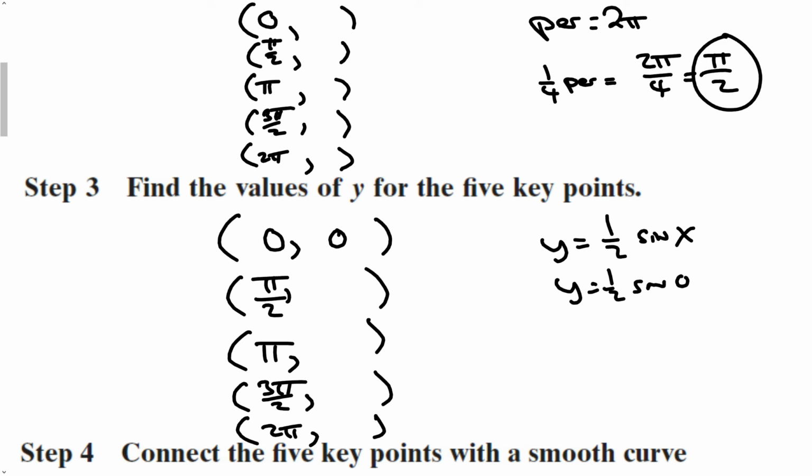Well, now the next number I'm plugging in is pi over 2. The sine of pi over 2 is 1. I multiply that by 1/2, and now I get 1/2. A maximum. Then, if I plug in pi, 1/2 sine pi, the sine of pi is 0 again.